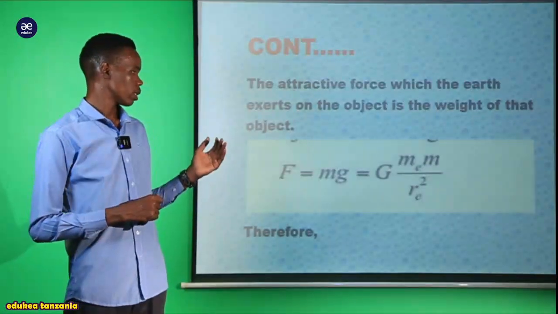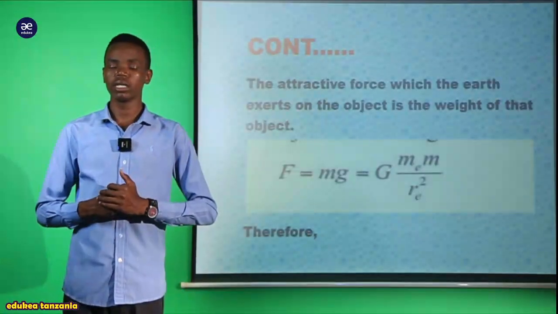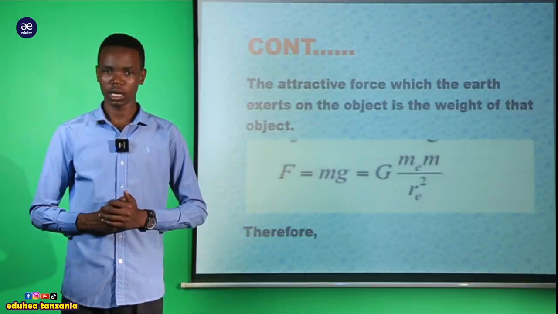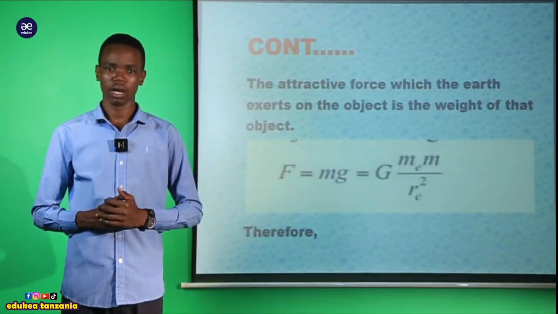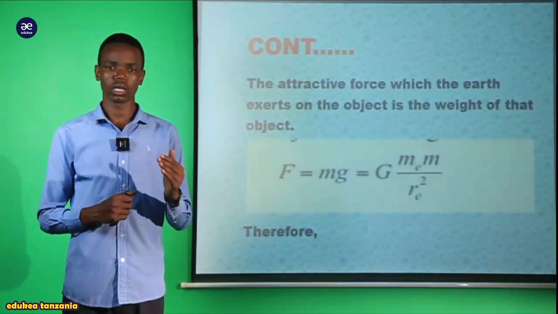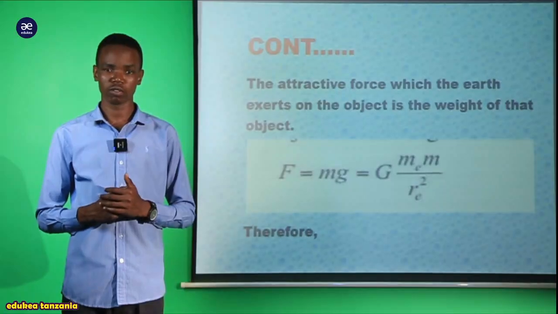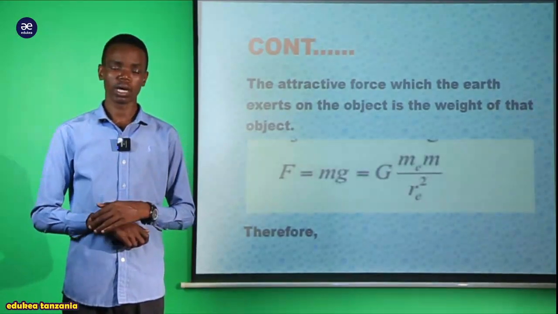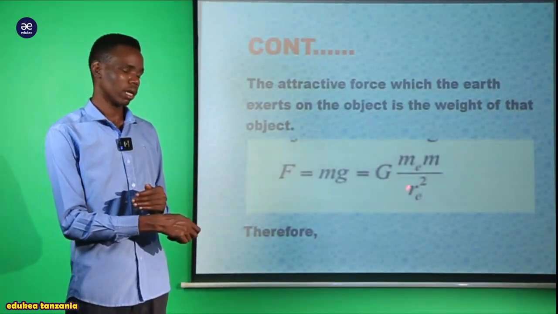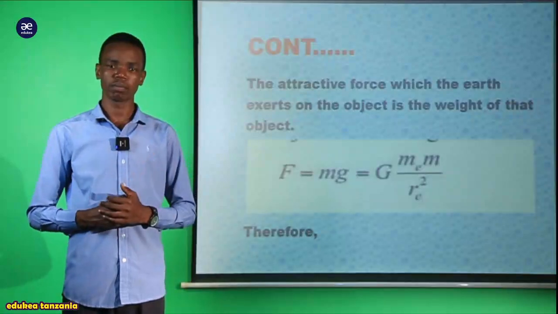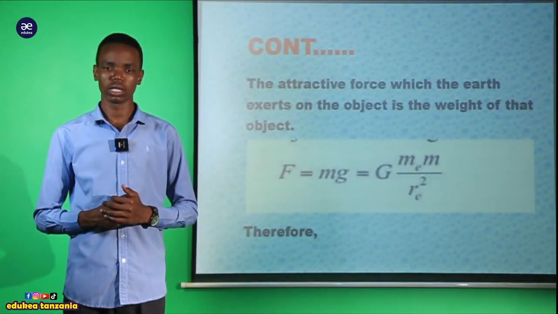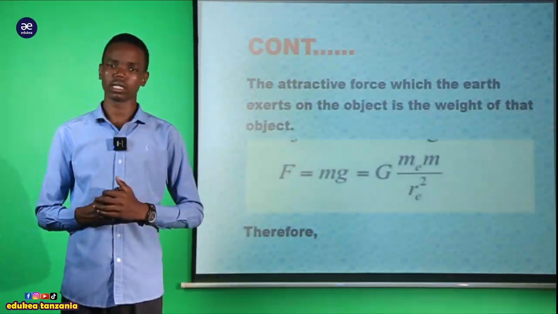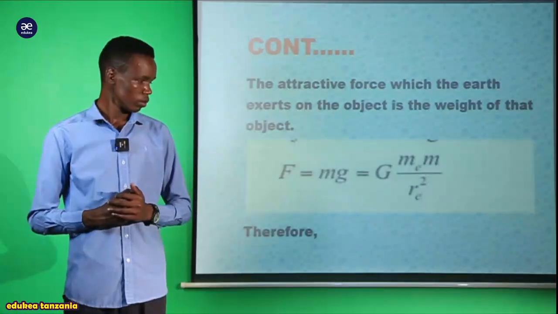Now this force must be equal to the mass times the acceleration due to gravity, which must be equal to the universal gravitational constant, multiplied by the mass of the Earth, then multiplied by the mass of the object, divided by the radius of the Earth.